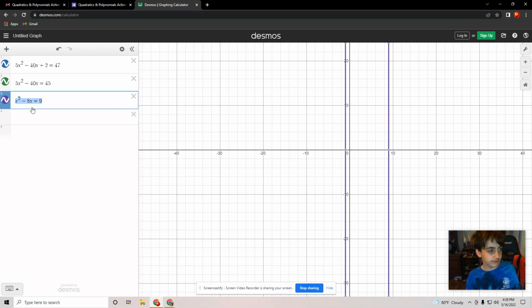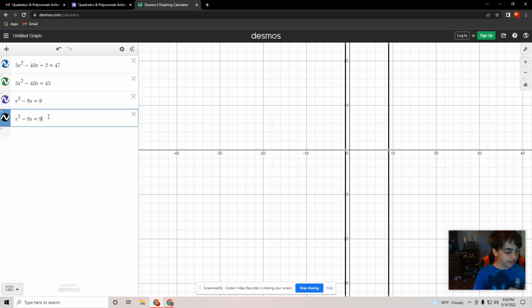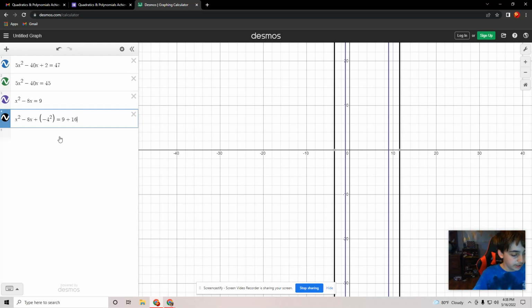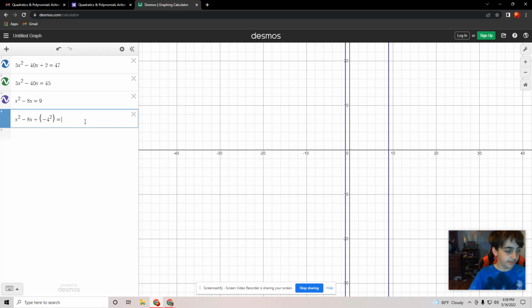So what you gotta do here is for one side you should probably just put in like plus, and then do like negative 4 squared in parentheses. And then for the other side, you could probably just add 16, and I'll show you why. So that would be 25.